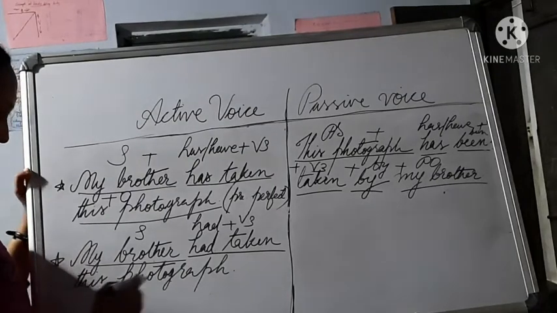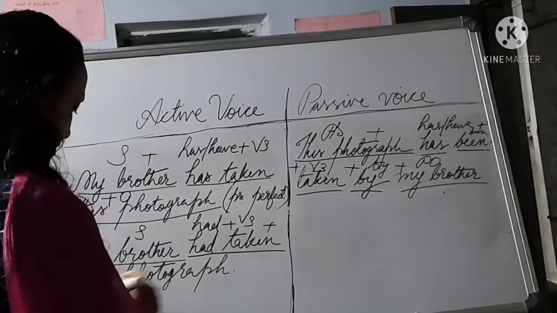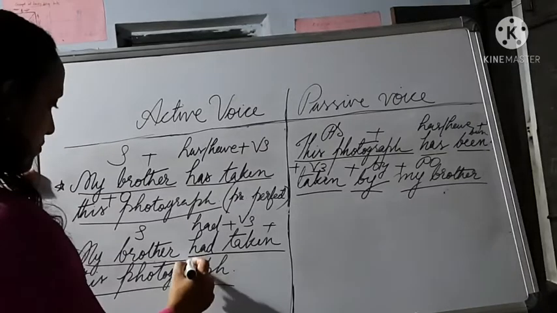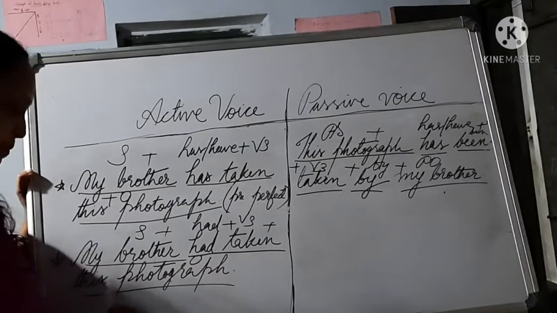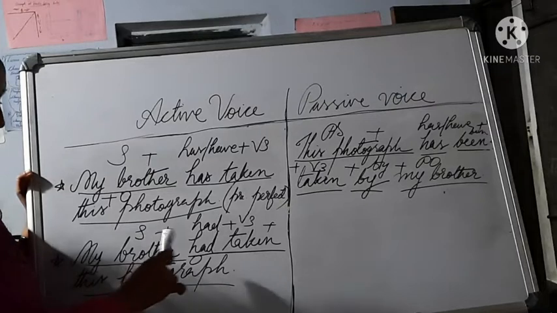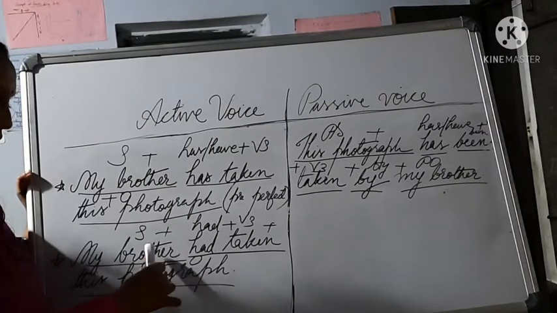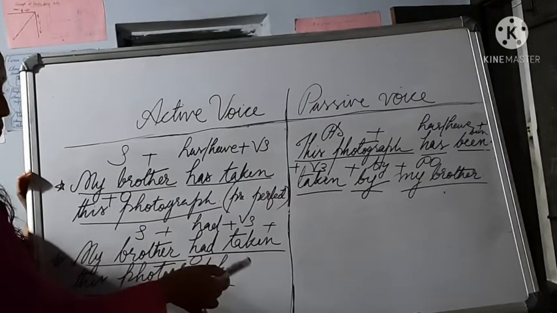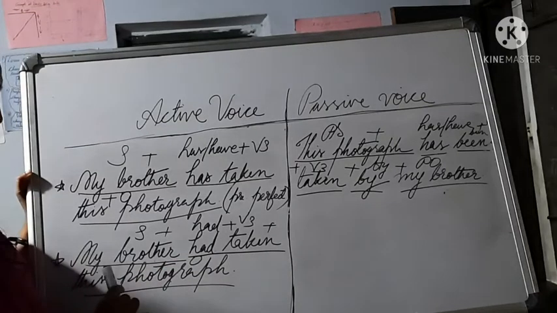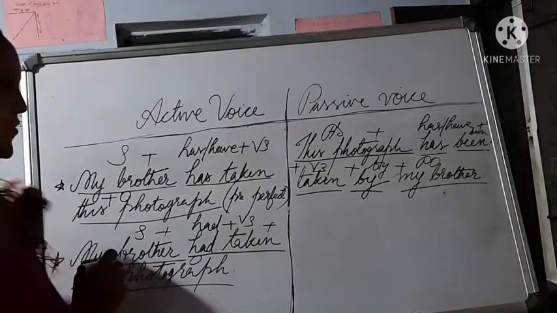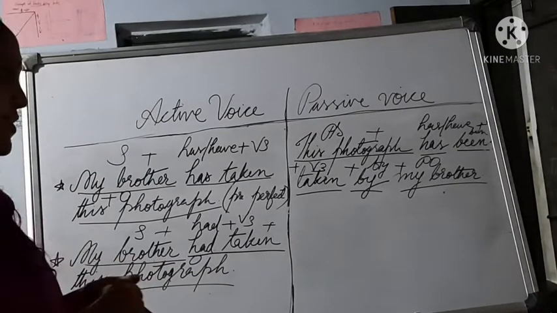Next, this photograph is the object. So the rule is subject plus verb plus object, and in detail we can say subject plus verb in past perfect tense plus object. Then how will you convert that into passive voice?